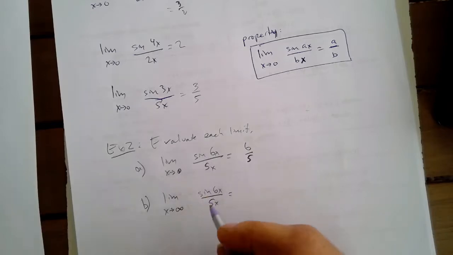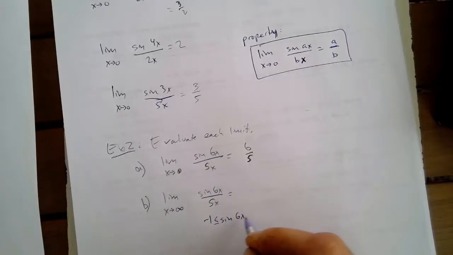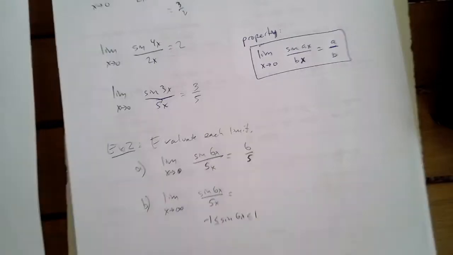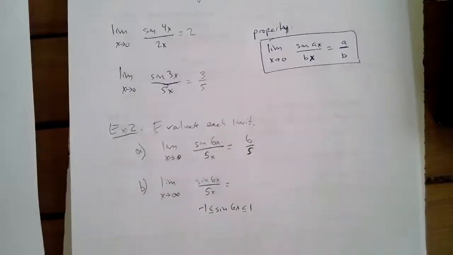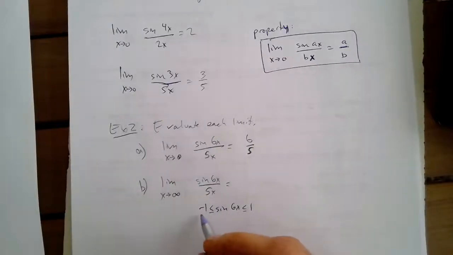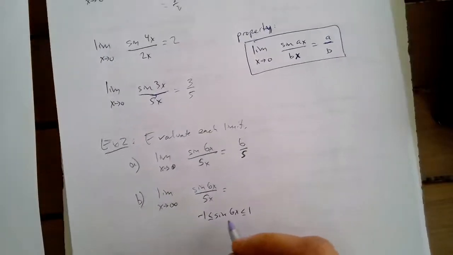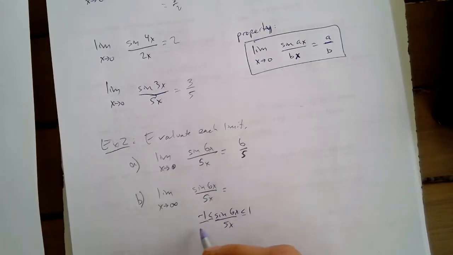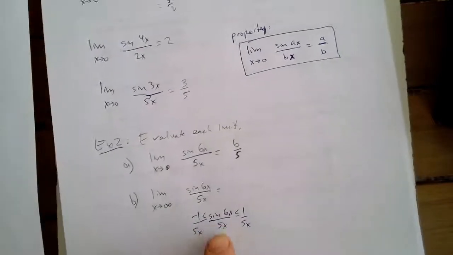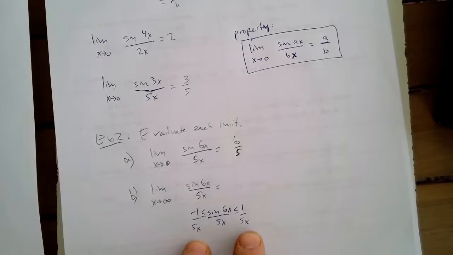Okay, we know it has to be between those two. The bottom is 5x. It's just basically going to be 5x. So we can see that this function right here is sandwiched between these two right here. This is a lower bound for it. This is the upper bound for it. So this function is sandwiched between an upper and a lower bound.